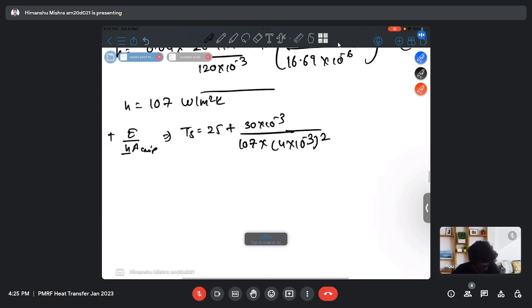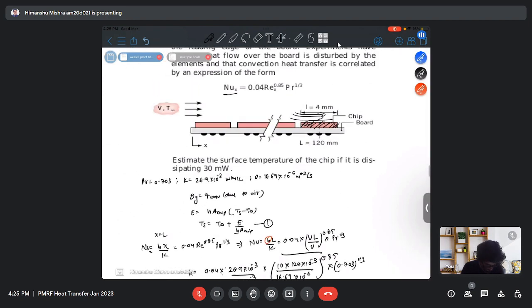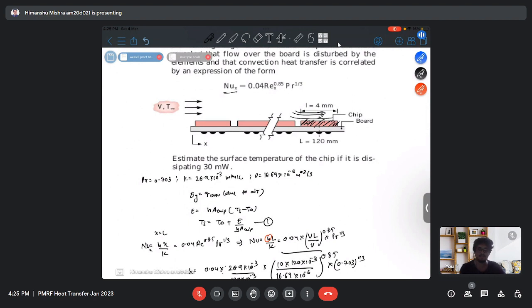So just calculating this expression, the surface temperature will be 42.5 degrees Celsius. So in this question, we are given that there is a constant generation of energy which will be carried away by the air at the surface, and we are given the Nusselt number.